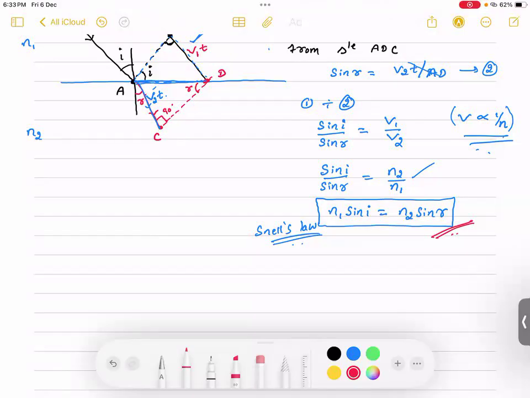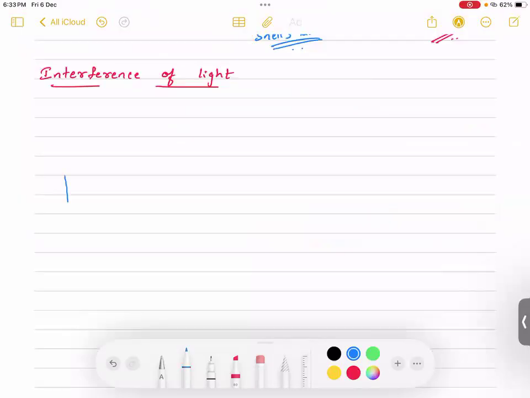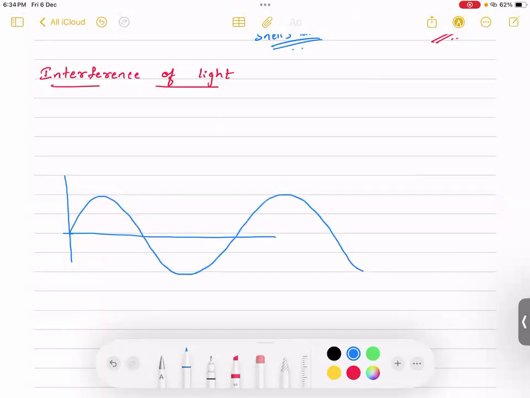Now, the next concept, that is interference of light. Now, let me consider two light waves, students.